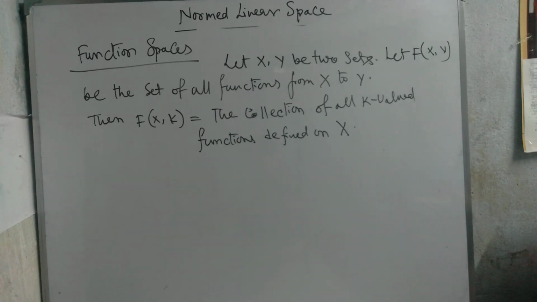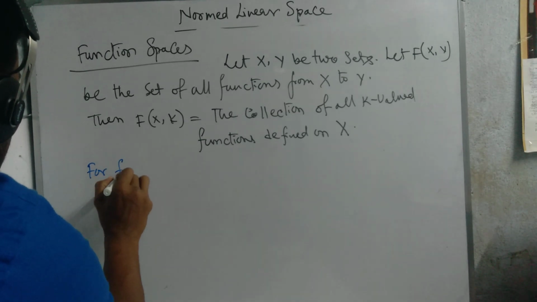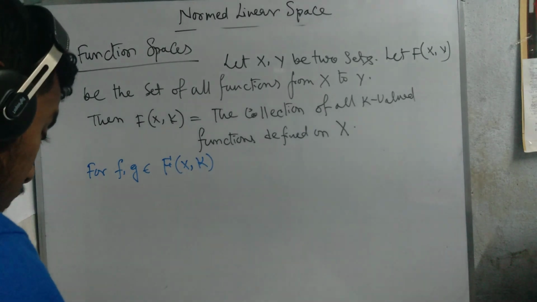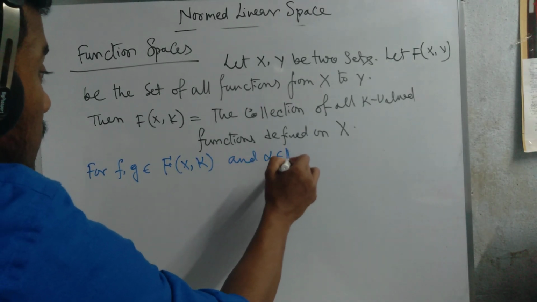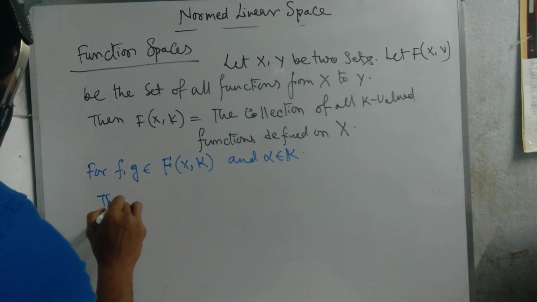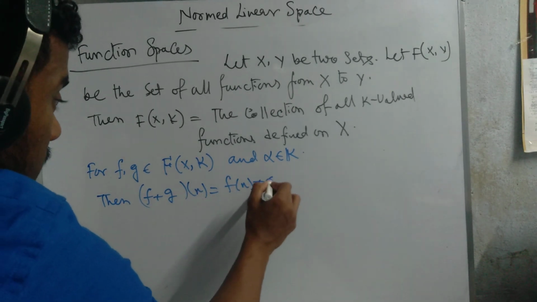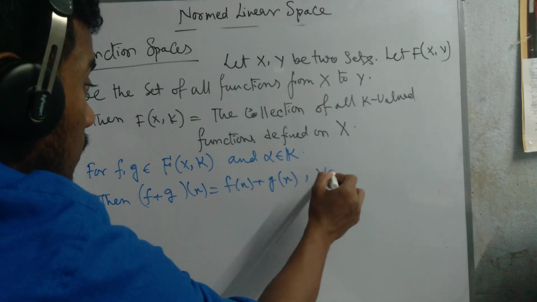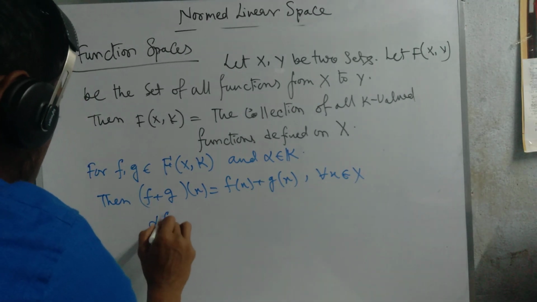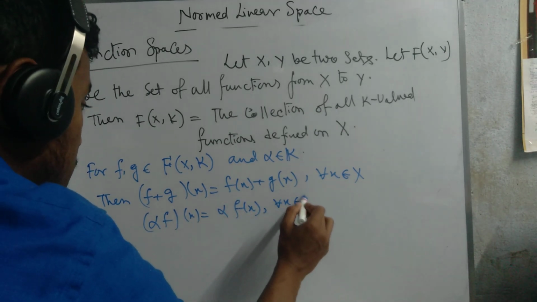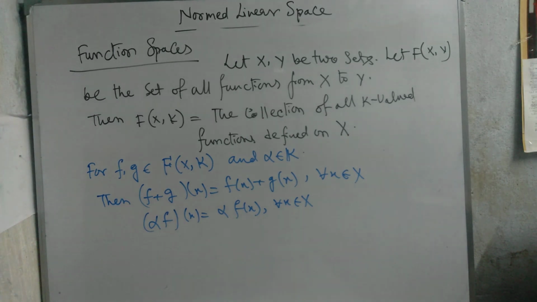We write this simply: if f, g belong to F(X,K) and alpha belongs to K, then (f plus g)(x) equal to f(x) plus g(x) for all x belongs to X, and (alpha f)(x) equal to alpha f(x) for all x belongs to X. Then this forms a linear space.